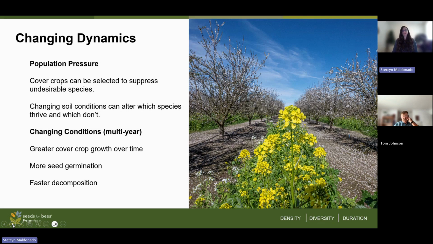And then cover crops will also change the soil, but this is a multi-year benefit or a multi-year phenomenon. This isn't going to be something that happens in your first year and then boom, it's all different. So you can get even greater cover crop growth over time. Year over year over year, your cover crop can slowly get bigger and bigger and bigger, assuming your growing conditions are staying roughly the same and you're getting your rainfall and whatnot.